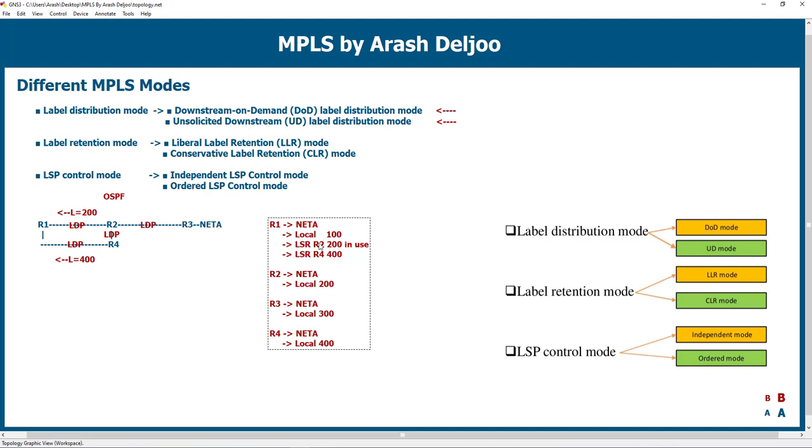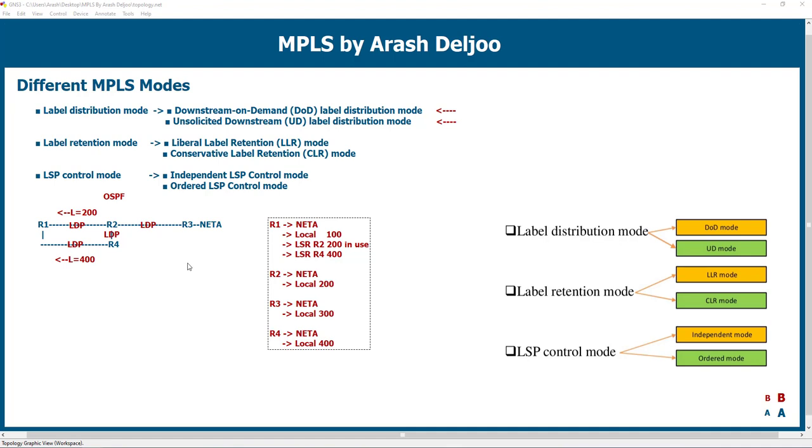The second method is the best for convergence, but it also has a negative impact, and that is more memory usage and more CPU usage in R1. The first method, Downstream On Demand, has less resource overhead, for example CPU and memory overhead, but the convergence time may be longer.